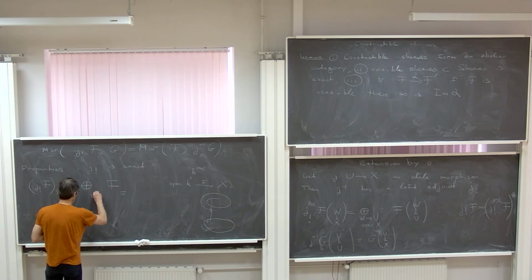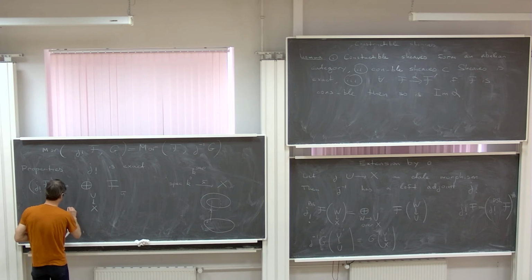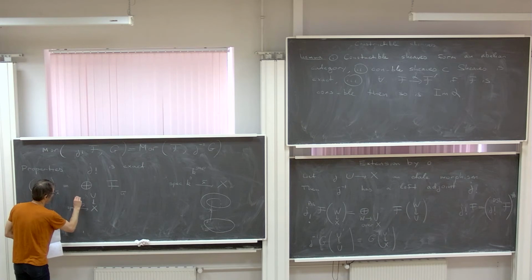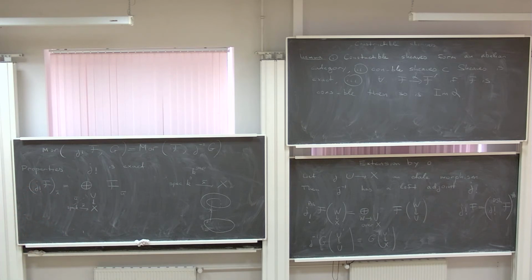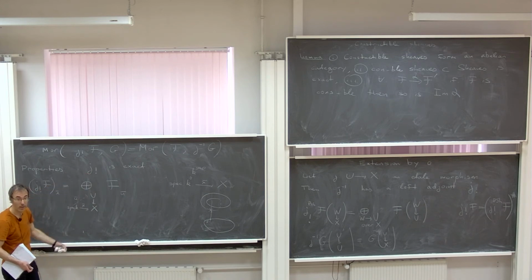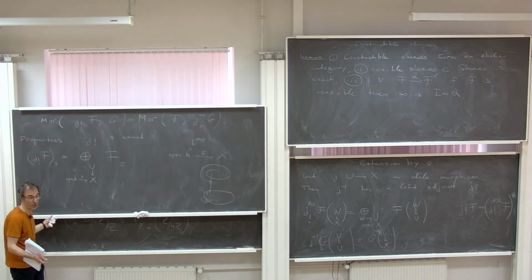I have U, I have x, I have spec k. This is my x bar, and I consider all lifts. Okay, does that make sense? Good. So in particular, it shows that this functor is exact. You need to check that it's exact on stalks.